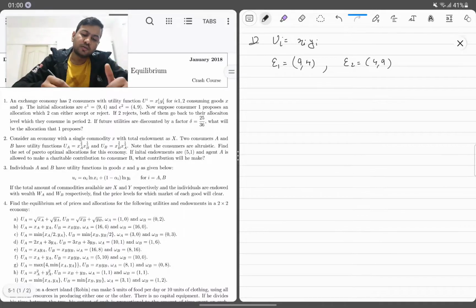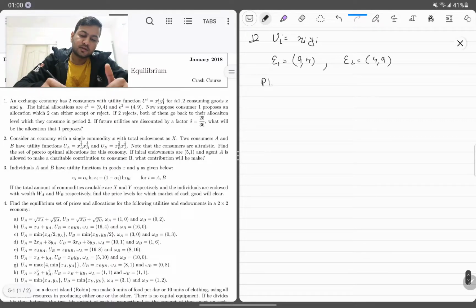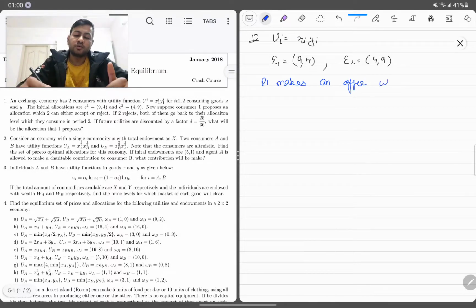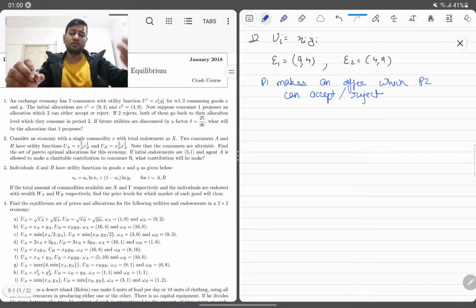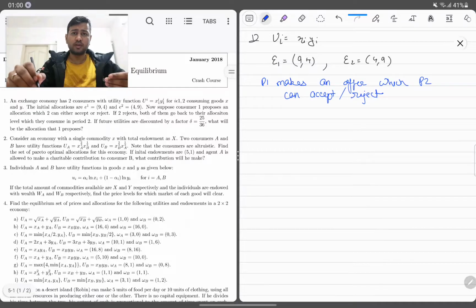So in period 1, person 1 makes an offer, which person 2 can accept or reject, right? So it's a take it or leave it offer. If you leave it, they both come to (4, 9).